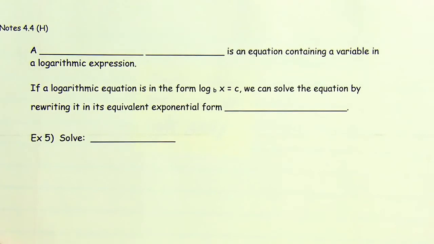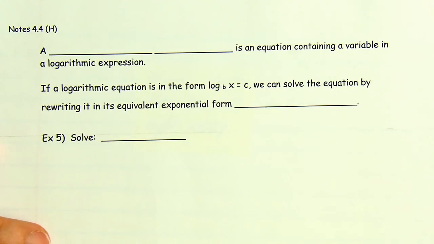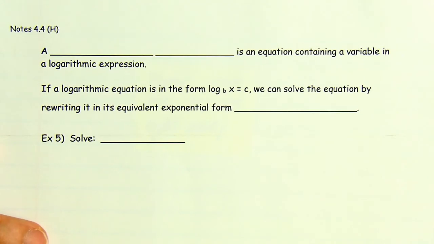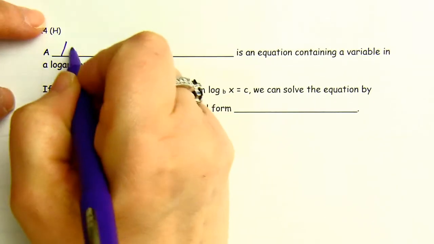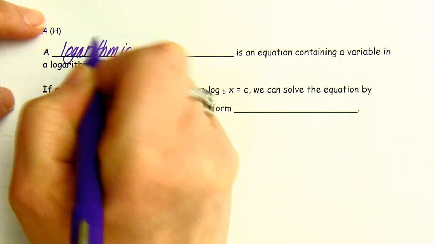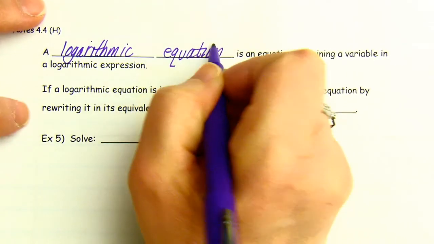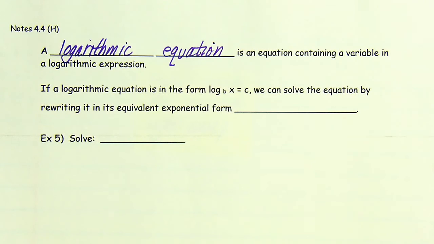Now we're going to look at how to solve equations that are logarithmic. These other ones were all exponential. But the log equation is the inverse of the exponential. So a logarithmic equation is an equation containing a variable in a logarithmic expression.